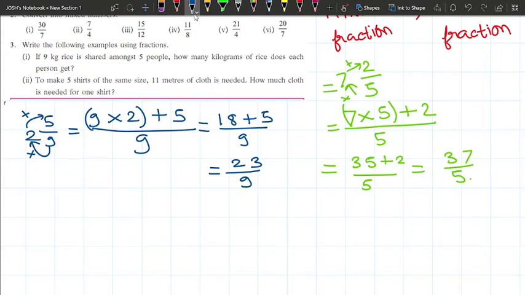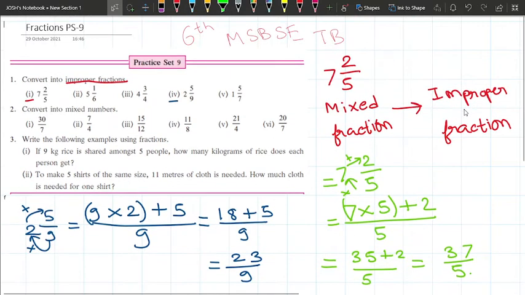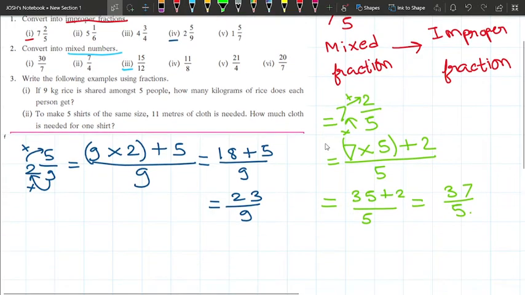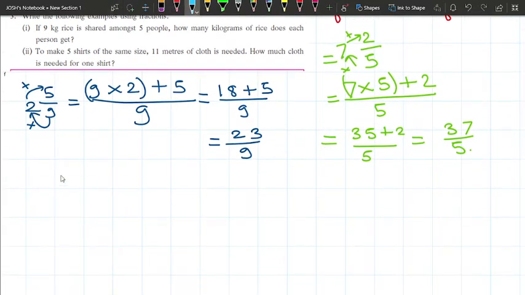So now let us have a look at question number 2. The question says convert into mixed numbers. So let us pick the third one. This is interesting. It says 15 by 12.